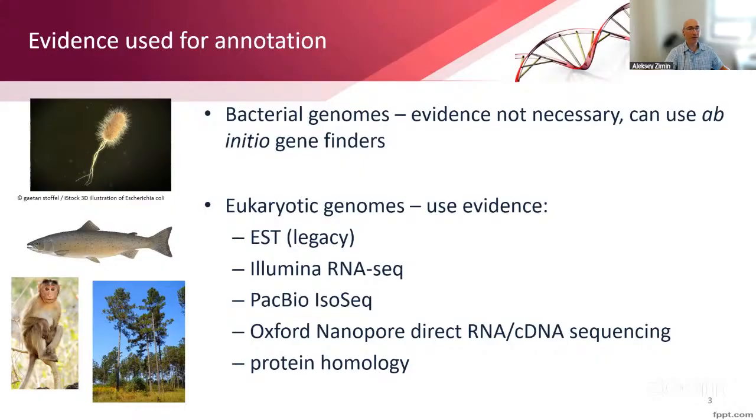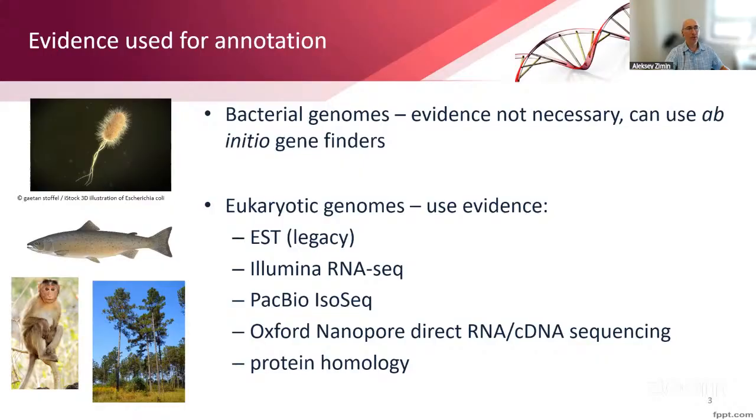The evidence that you can use is ESTs, or expressed sequence tags. They're legacy evidence and not widely used. The most widely used transcriptional evidence is Illumina RNA-seq data. There's also PacBio IsoSeq and now the Kinnex protocol, which work very well for recovering nearly complete transcripts. There is also Oxford Nanopore direct RNA and cDNA sequencing, and finally protein homology.